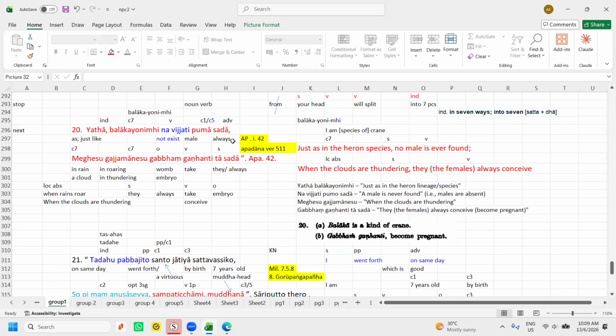Here is locative. This is locative. This is the object. This is a verb. Then the word puma, that means what?